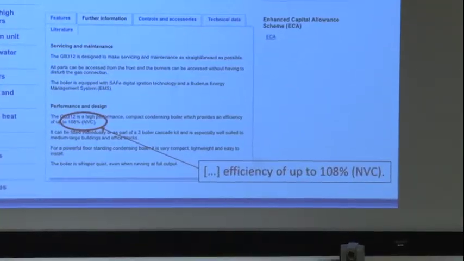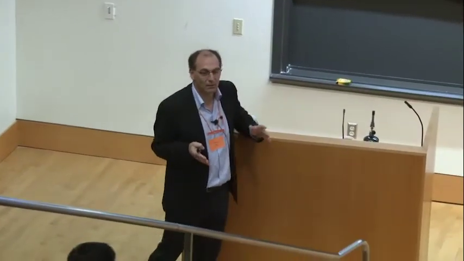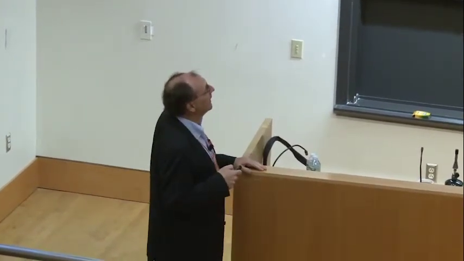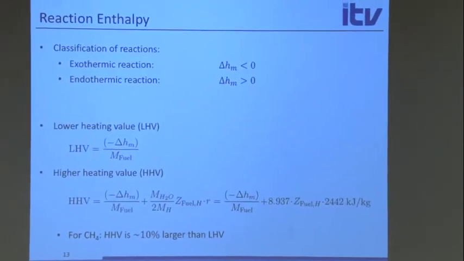Efficiencies usually are defined, I got this from the web, this is what you find online, to be within 0 and 1. But this is larger than 1. Efficiency higher than 1. This contradicts the second law, but also the first law of thermodynamics, you would say. But the way they define it is they say this is the energy we get compared to the lower heating value. Okay?